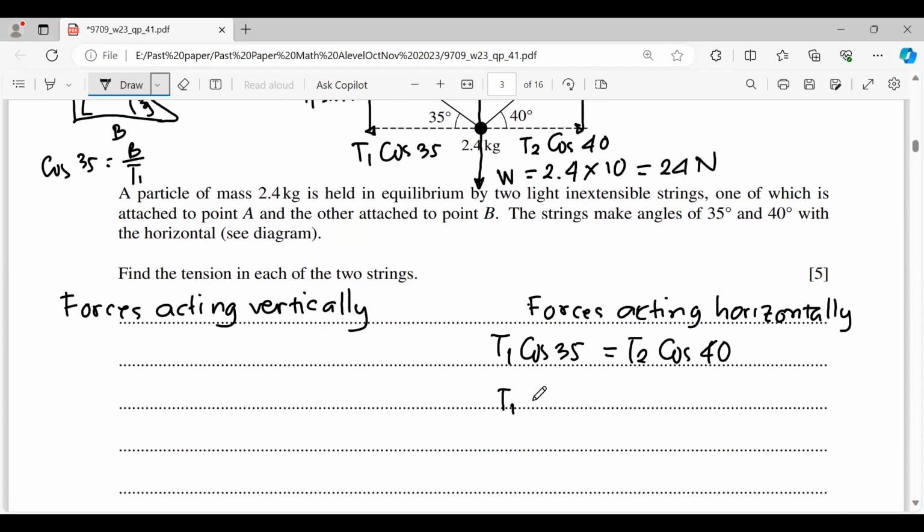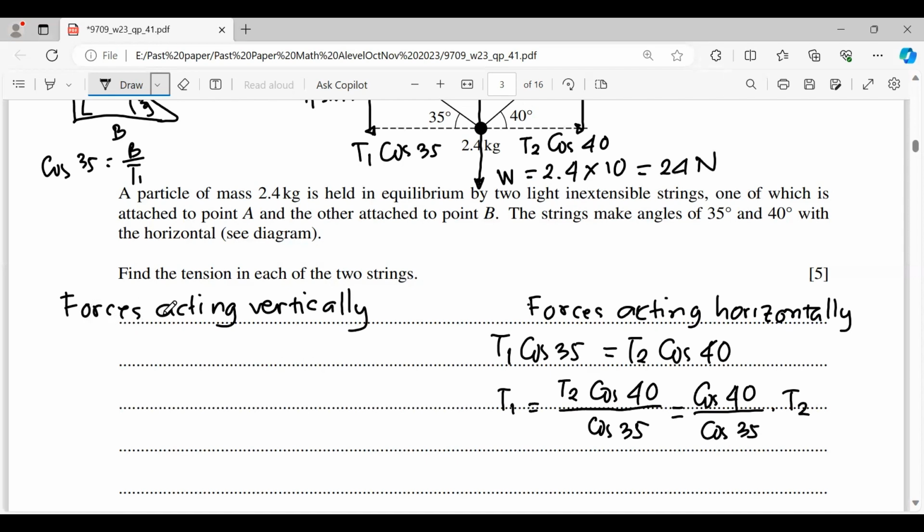So T1 equals T2 cosine 40 over cosine 35, or cosine 40 over cosine 35 times T2.